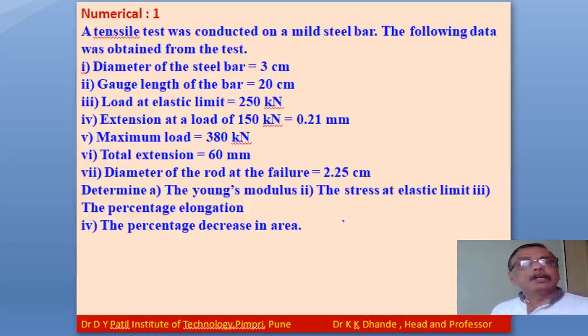Maximum load 380 kN, total extension 60 mm, diameter of the rod at failure 2.25 cm. From that data we have to calculate the Young modulus, stress at elastic limit, percentage elongation, and the percentage decrease in area.